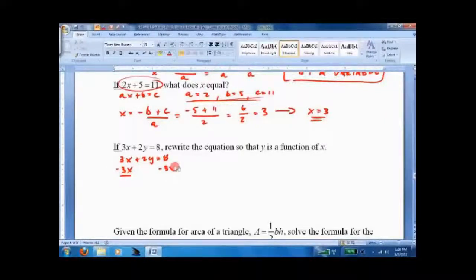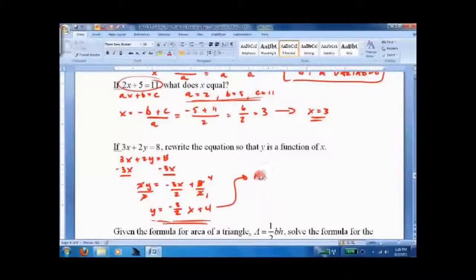Move the negative 3x over there. 2y equals negative 3x plus 8. Divide everything by 2. Cancels. 4. Y equals negative 3 halves x plus 4. And definitely write it that way, because when you go to graph, it's a lot easier to graph it when it sets up like that.